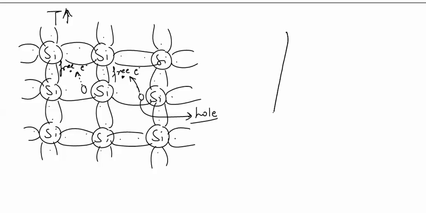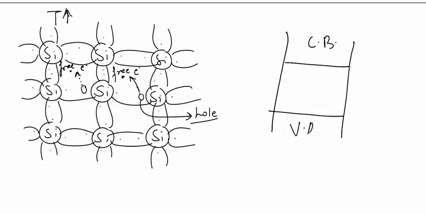The same thing we can now see in the energy band diagram. Earlier, there was no free electron in the material. All the electrons were present in the valence band, and if we increase temperature, some of the electrons will break the covalent bond and become free electrons, and the deficiency of these electrons will be shown with a hole, and this hole will remain in the valence band only.